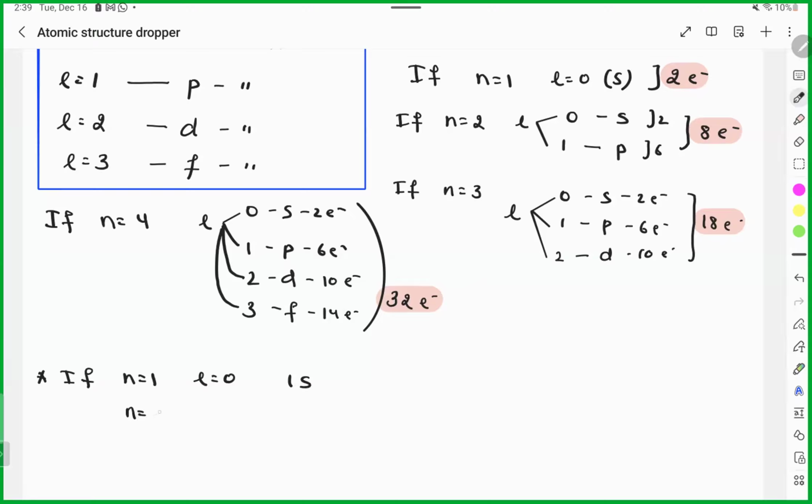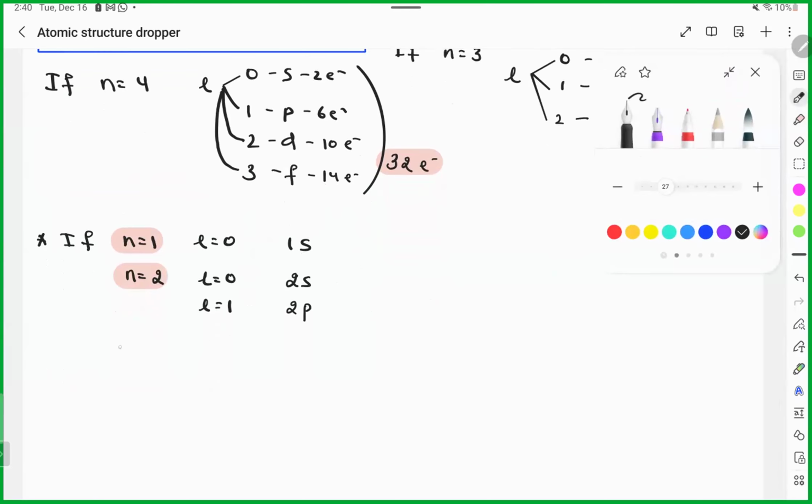If n value is 2, L value will be 0 or L value could be 1 also, right? So for L 0 it will be S, but you will write 2S. For L value 1, P, 2P. So whatever number you write before the subshell, it will be decided by the n value. Make sense, guys?